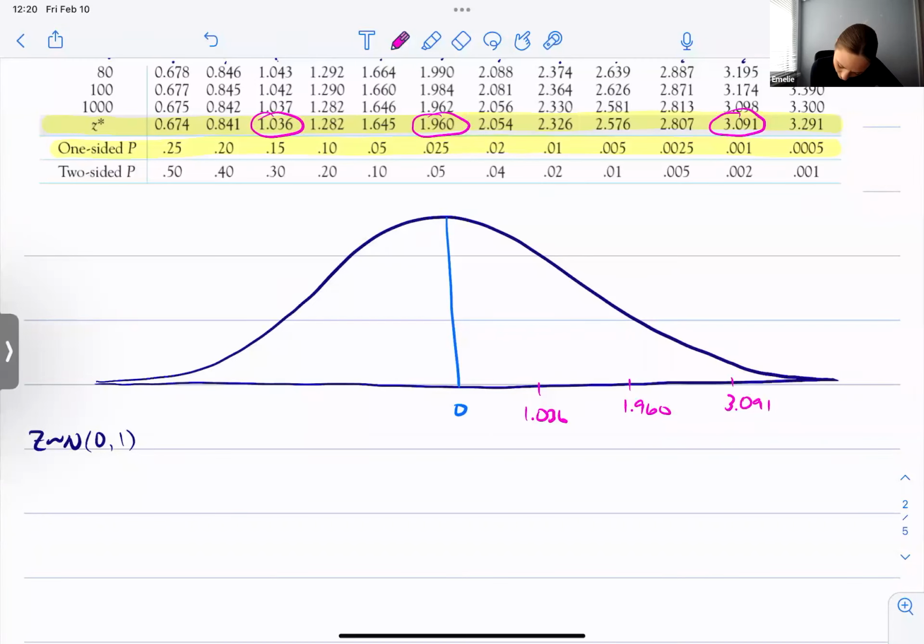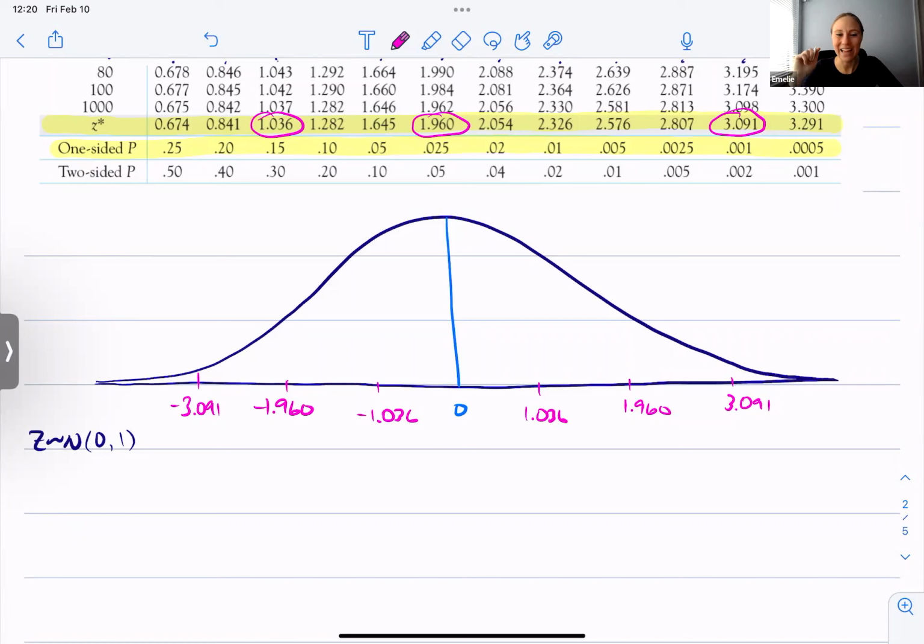But I'm also going to replicate these on the lower end. And 3.091. Notice that I've chosen roughly 1, 2, 3.